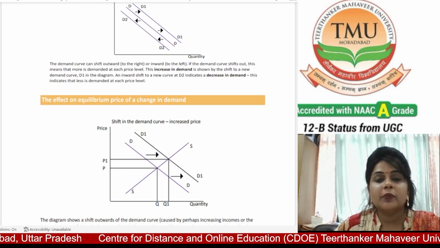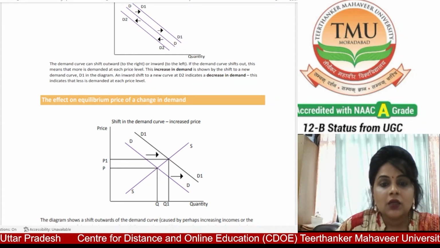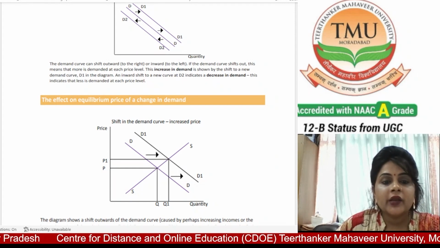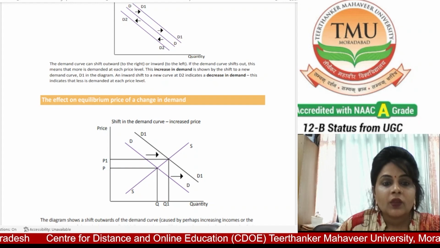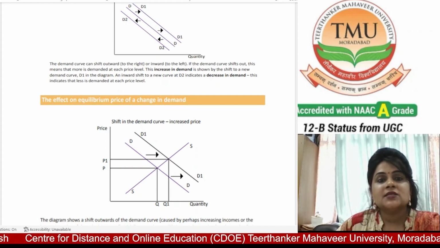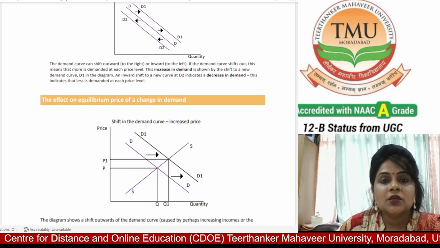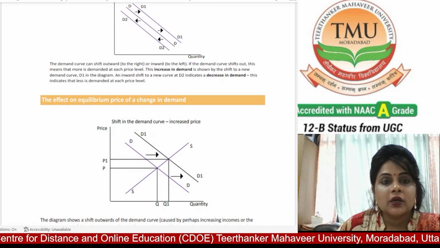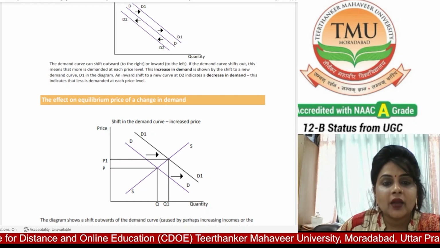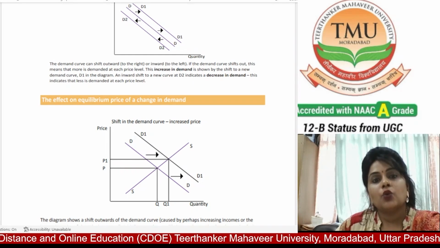Initially, at market equilibrium, we have price P and quantity Q. A new equilibrium is created where D1 cuts the original supply curve: price rises to P1, and the quantity demanded and supplied rises to Q1. So in the diagram, you see how the demand curve shifts outward.